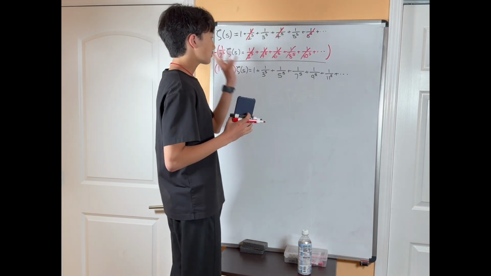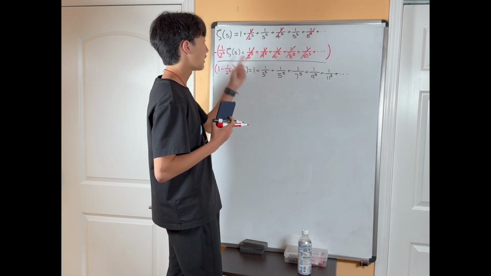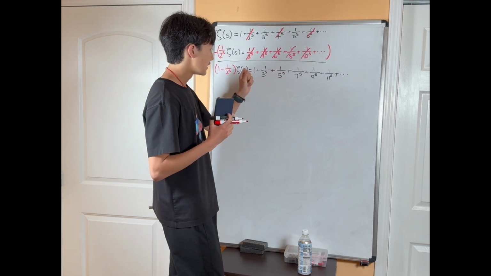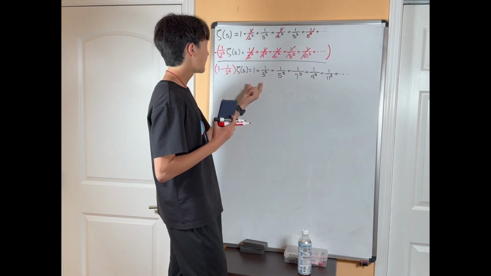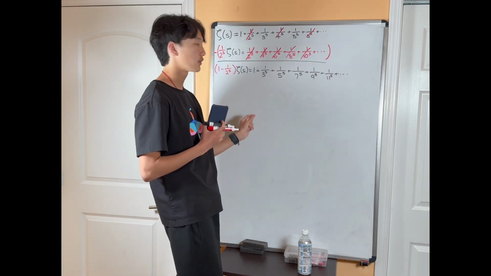Well, next what we can do, we already got rid of all of the bases that are a multiple of 2. So now let's focus on the multiples of 3. See this right here? We can just go ahead and multiply this whole thing, right, by 1 over 3 to the s.